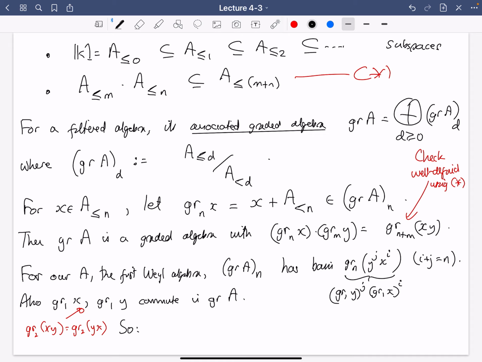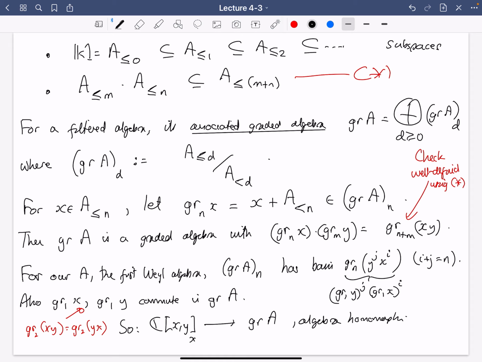So this means that there's an algebra homomorphism from the polynomial algebra now in two variables. And I'm sorry I'm using the same letters x and y here in the polynomial algebra as I was using in the first Weyl algebra. But I'm just abusing that notation a little bit, and I think what I'm about to write still makes good sense. So there's an algebra homomorphism, just from the universal property of the polynomial algebra. It's the free commutative algebra on two generators.